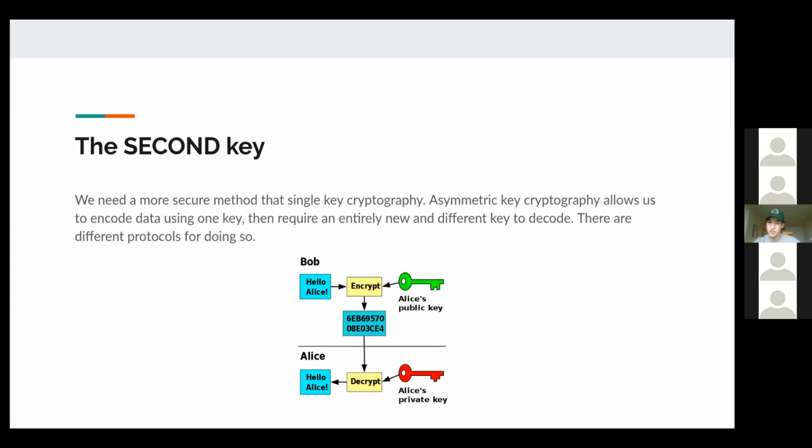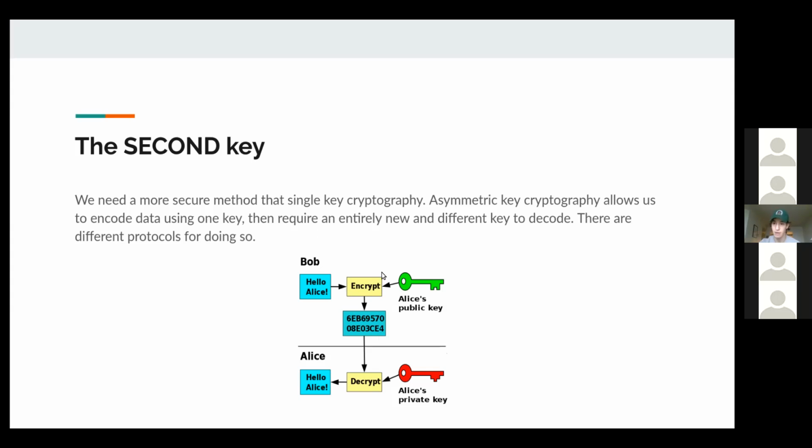And what this allows us to do is, here's our example here. Bob wants to send a message to Alice. And our encryption algorithm generates two different keys, right? And they're not similar, they're different. And they can't be figured out from each other. So just because we have the public key doesn't mean we can figure out the private key. So Bob wants to send a message to Alice, and we encrypt that message with the public key that we find for Alice.